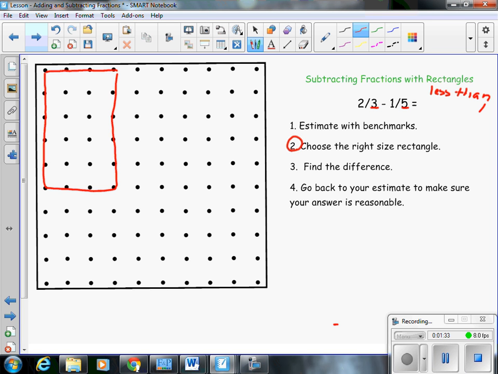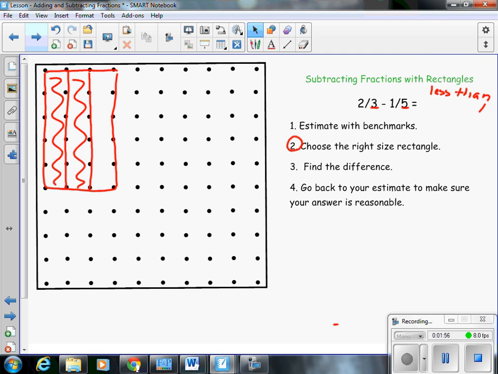And then I'm going to shade in 2/3. So divide my rectangle into thirds, shade in 2 of those thirds. And then since I'm subtracting, I'm not going to add the 1/5, I'm going to subtract it.